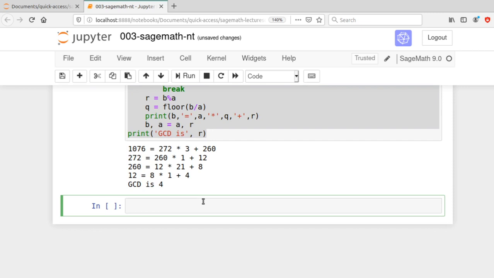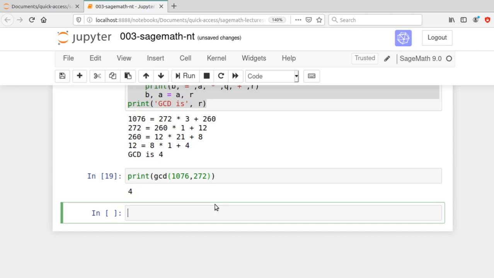But the interesting thing is that, not very surprising, you can easily find the GCD using a direct command available in SageMath, which is print GCD of, what were the numbers that we have taken? 1076, 272, and the output is 4.